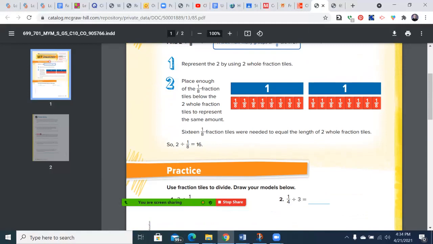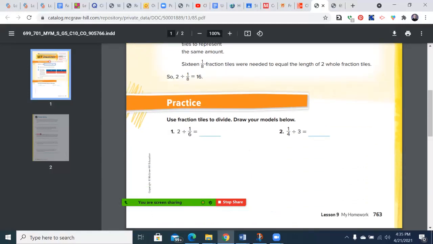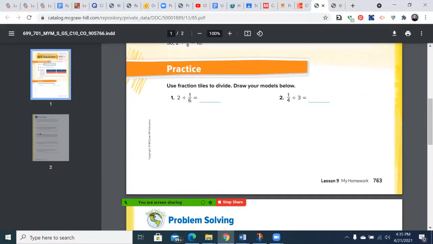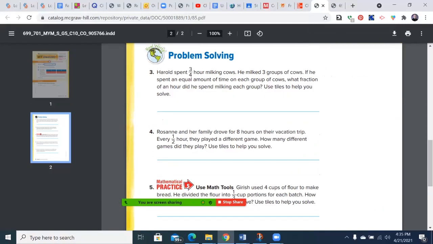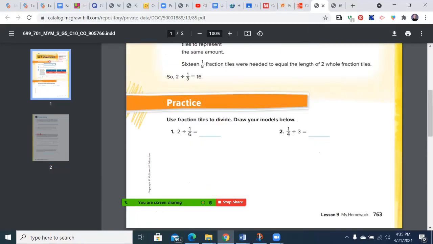We'll talk about dividing fractions in detail with some different strategies down the road a little bit. But today we're going to use fraction tiles to divide. And you really should draw your models out. Okay, so there we go. That's where our homework will be.